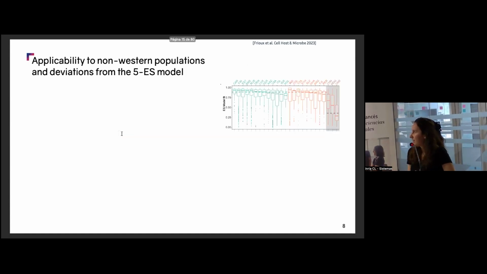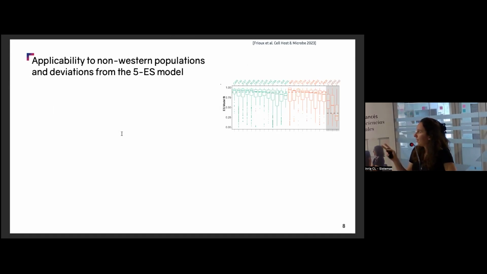So having this in mind, we wanted to look at what happens when we study cohorts that are quite different from the learning cohorts. It's well known that Western populations and non-Western populations have varying microbiome composition. And we tested whether we could capture this using our model.